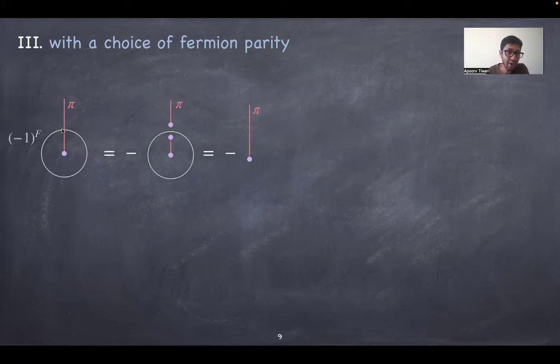And notably, it has to have a certain junction property of crossing with the pi line, because the end of the pi line is fermionic. The linking of the fermion parity line should be -1 on the pi line. And this amounts to the fact that if we split the pi line on the fermion parity line, it costs a sign.